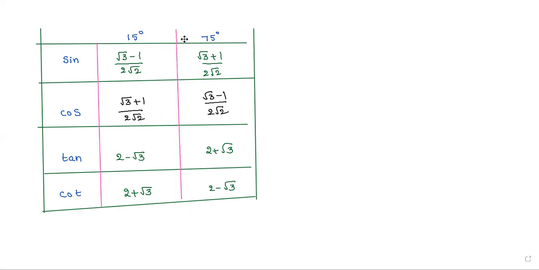Okay? Next, tan 22.5 degree is equal to root 2 minus 1. Or also cot 75 degree, also root 2 minus 1.